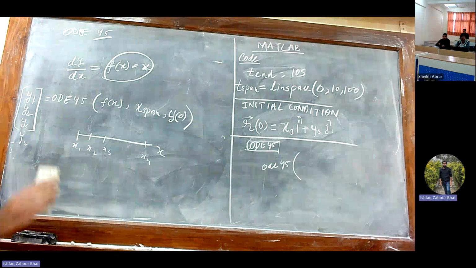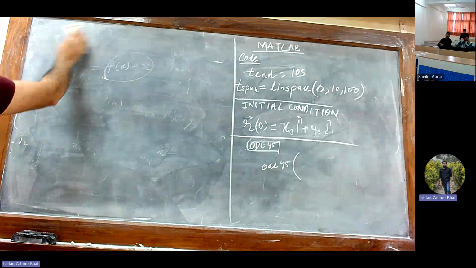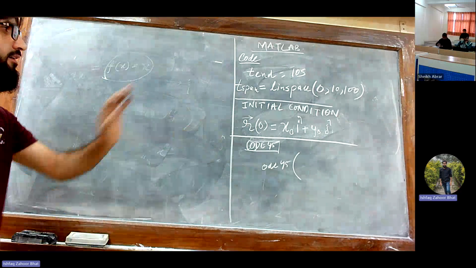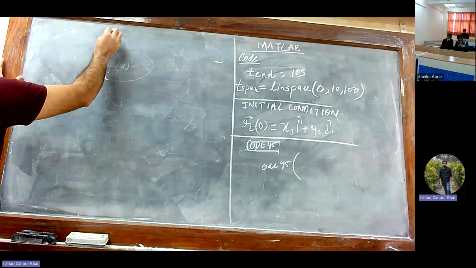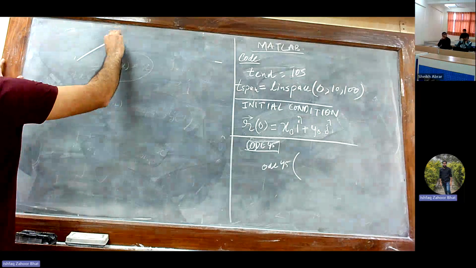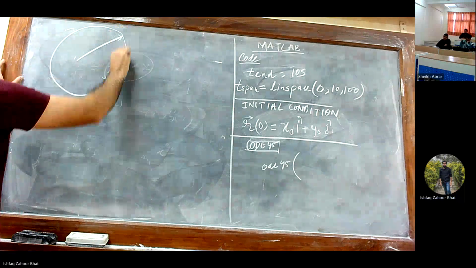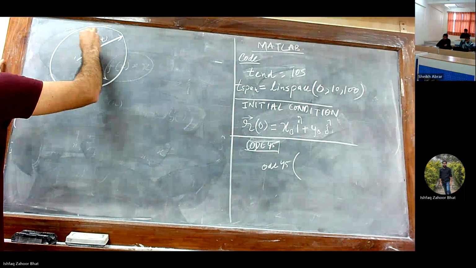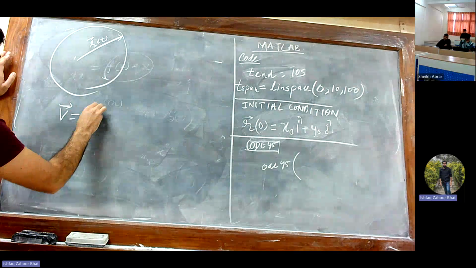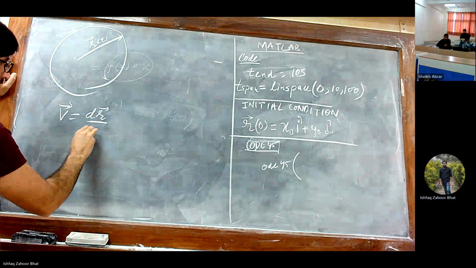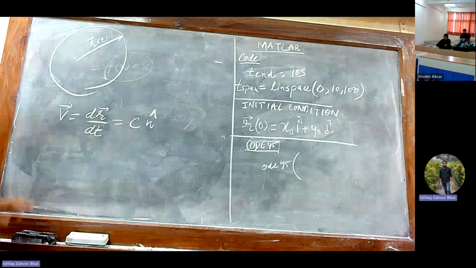Okay, so this is the setup. Here what we know is that we have this velocity, which is nothing but dr upon dt, and which is some c times n.